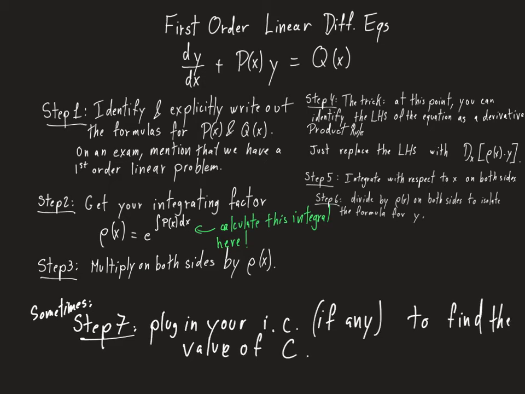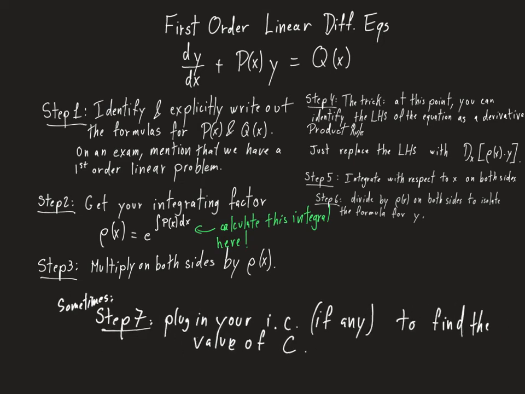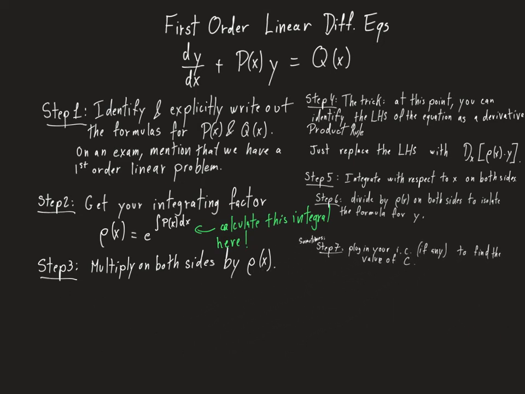You won't always have to do that, depending on the problem that you're actually working on. It may or may not actually ask you to find the specific or particular solution of the differential equation. If they do, then at that point you just proceed as usual, just solve for c by plugging in your initial conditions.